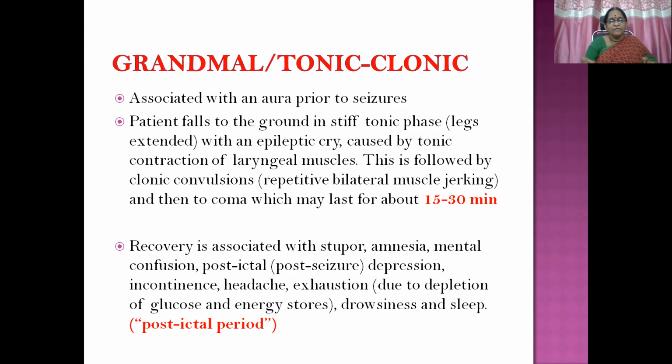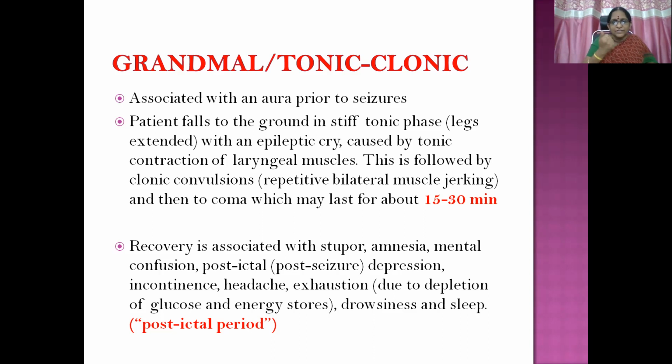What happens when the muscles become stiff? The chest muscles also become stiff and get contracted, because of which the air present in the lungs is all of a sudden forcibly expelled through the tracheal pathway. That gives rise to a sound which is known as the epileptic cry. And this is followed by clonic convulsions, that is repetitive bilateral muscle jerking.